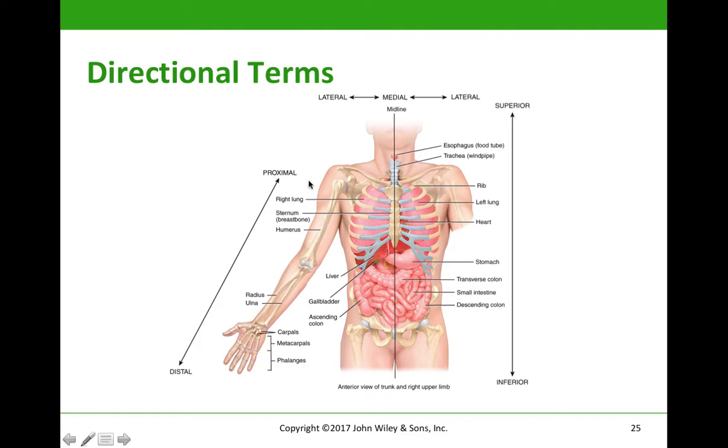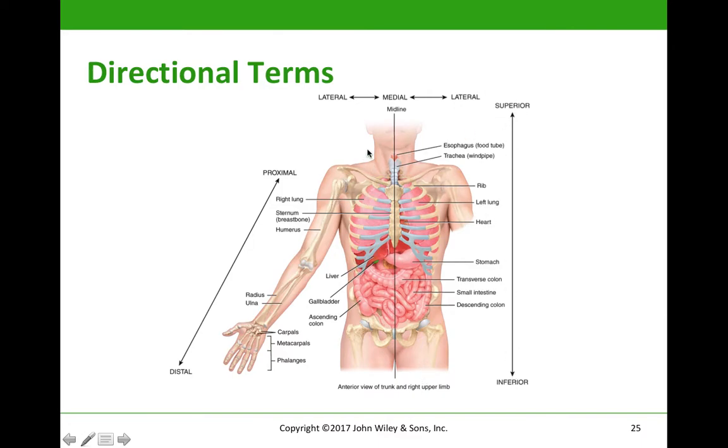So you can't just say that the shoulder is proximal. The shoulder is proximal to the hand because the shoulder is actually distal to the head. So you have to make sure that you are giving those body parts. Well, proximal and distal are better used for nearest and furthest, and then above and below for superior and inferior.